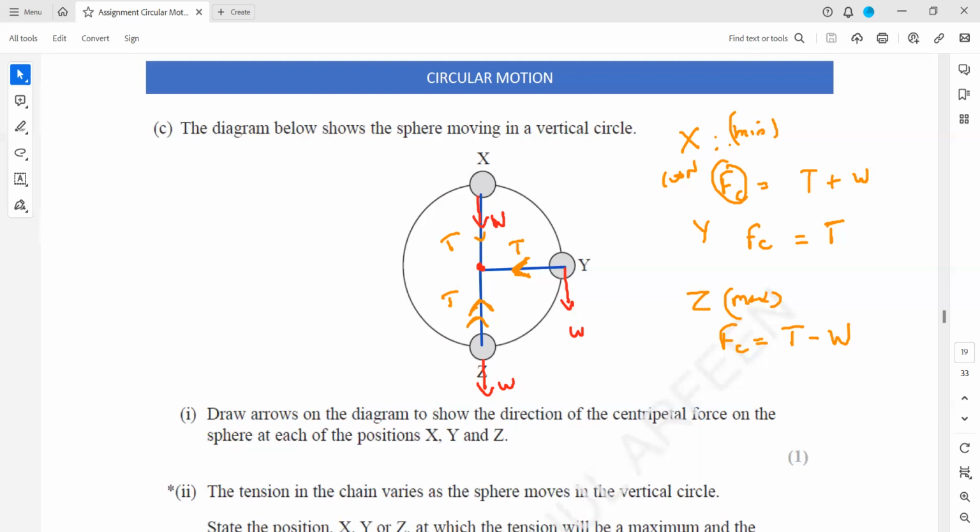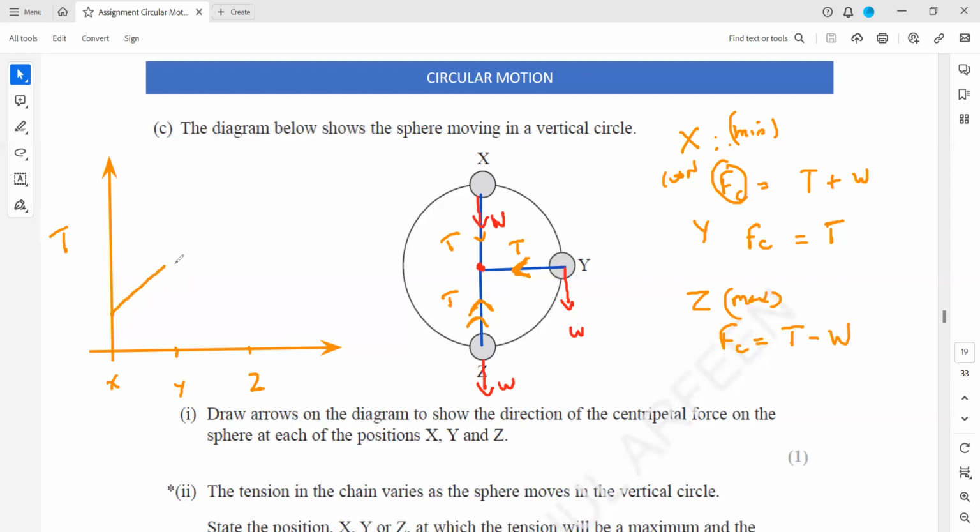Part C2. Sometimes they ask to sketch a graph for different positions for the resultant force or the tension. For example, if this is position X, then we have position Y, then position Z. At X, it will be minimum tension.